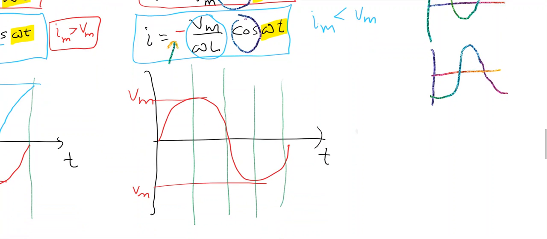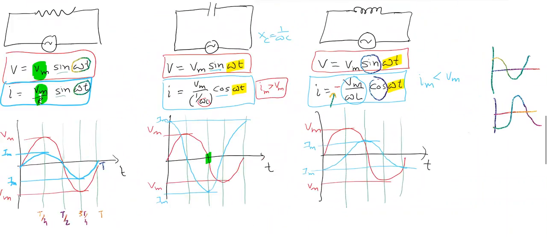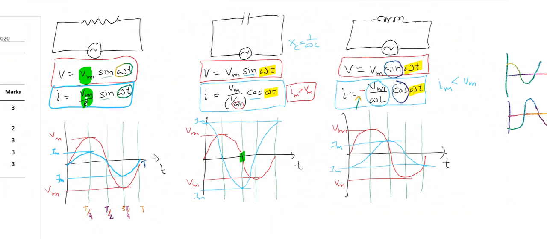Okay, so I will start current from somewhere here, and when voltage is maximum, current will be 0. When voltage is 0, current will reach its maximum value, and that continues. So this is the variation. This value is Im, the maximum value of current. So this is how you can compare these three circuits.